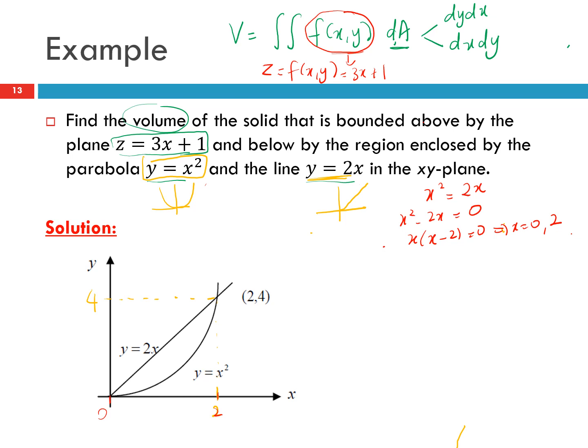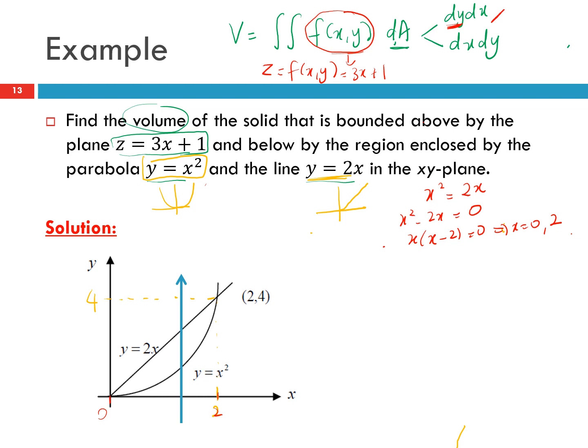Now you need to find the limits of integration. Okay, we start with dy dx first. If you want to have dy dx first, you need to draw a straight line which crosses the region and is parallel to the y-axis.